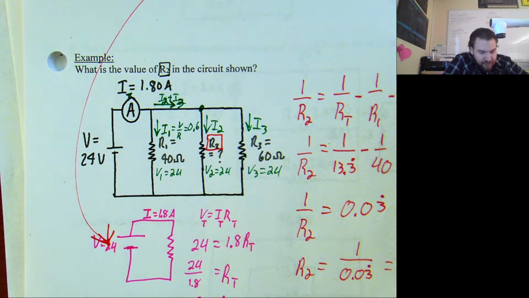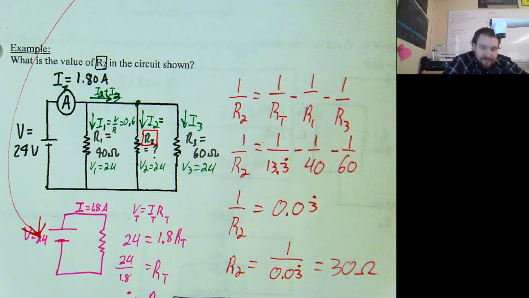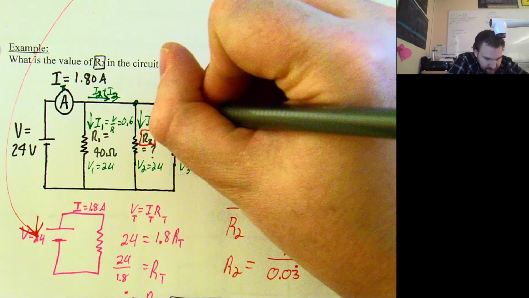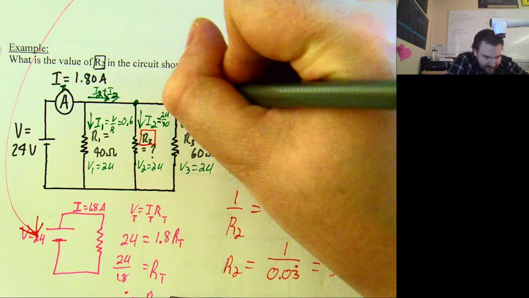Okay. So then what's I2? Yeah, 24 over 30, which is? 0.8. So that's going to be 0.8.